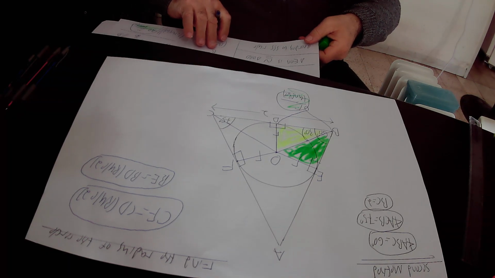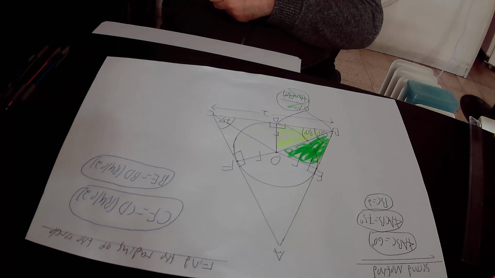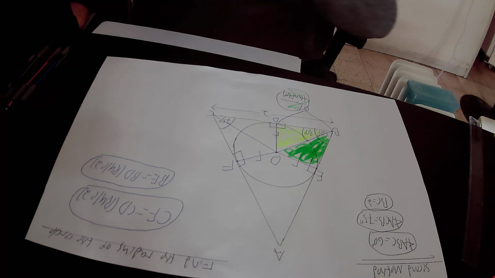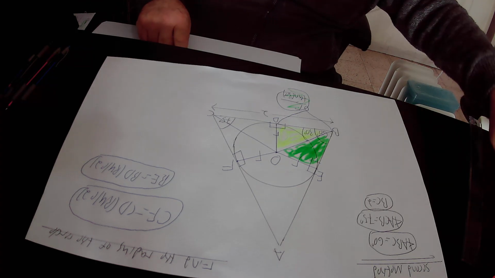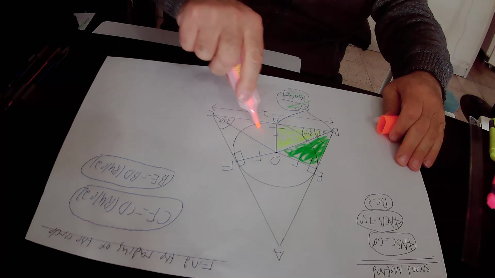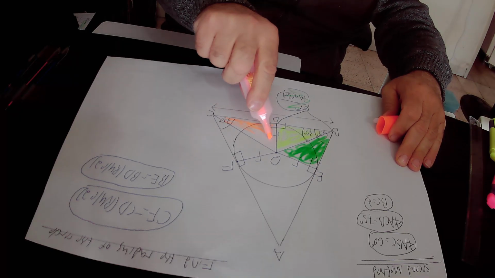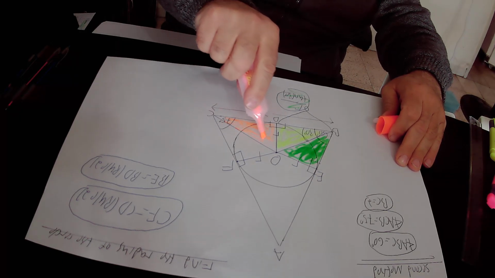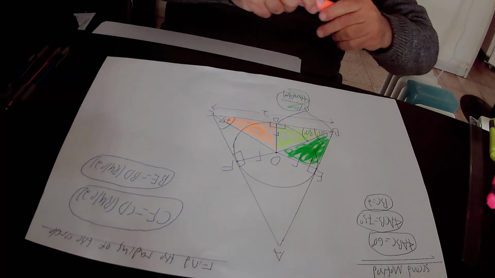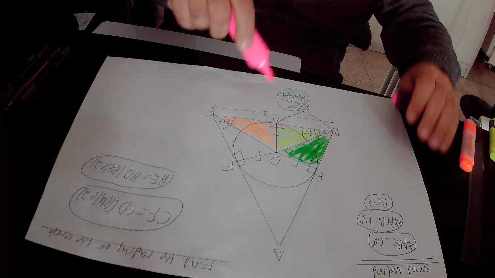So we'll actually prove that the right orange triangle ODC is congruent to the right pink triangle OFC.